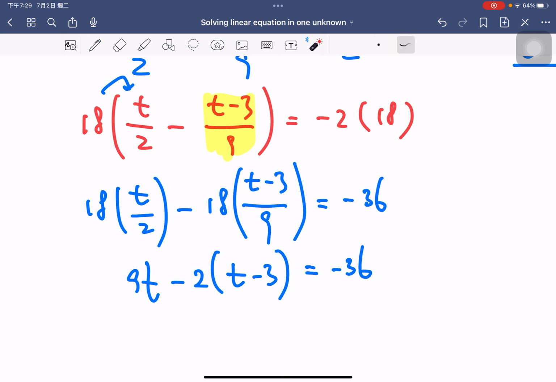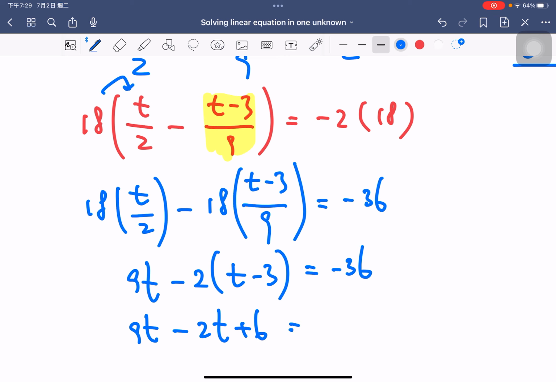Remember, this is a whole fraction, so don't remove the bracket unless you times the number by each of the terms inside. Okay, so now we use the negative 2 times the t, and negative 2 times negative 3. So now I have 9t minus 2t, and then negative 2 times negative 3 gives you a positive 6.